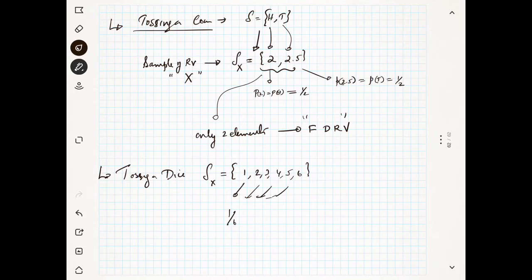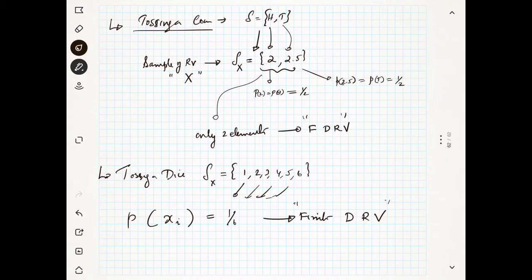That means the probability of all outcomes is 1 over 6. Again, this is a finite discrete random variable. The number of elements in the sample space is countable.